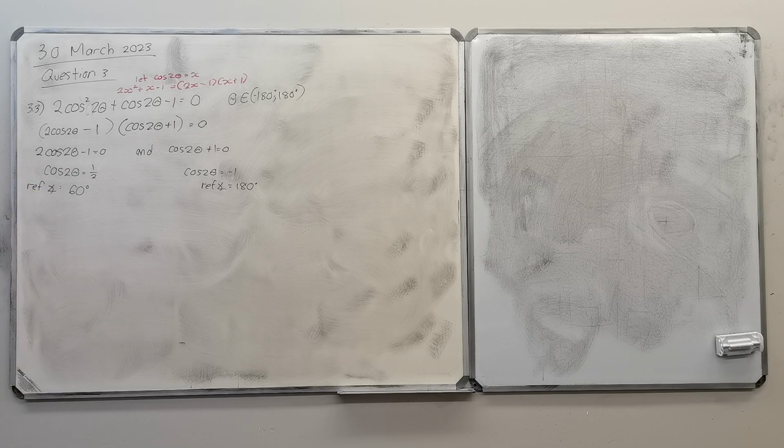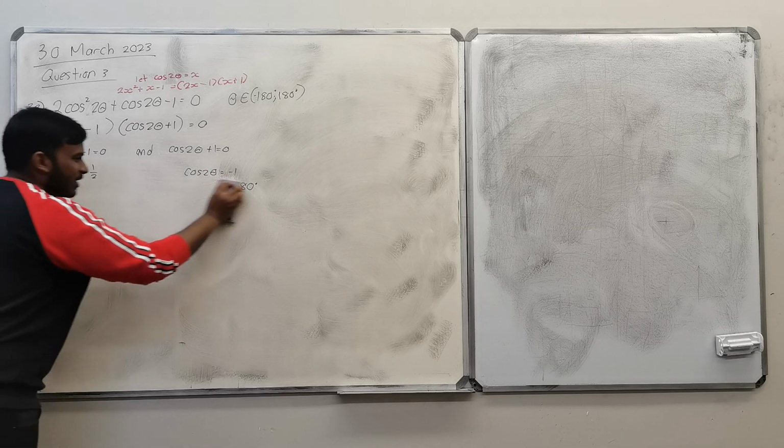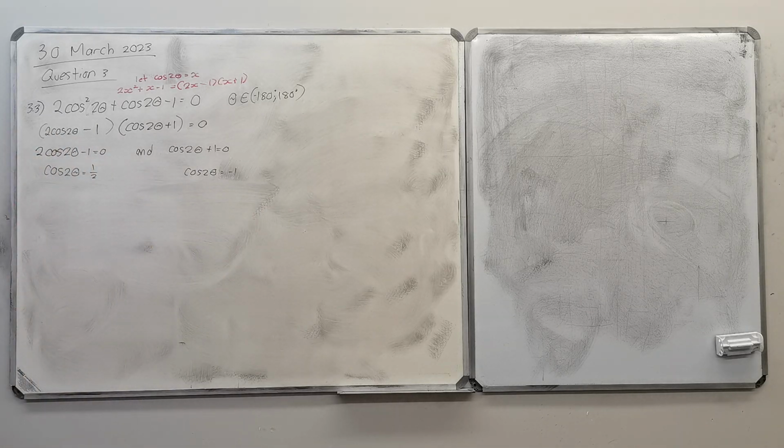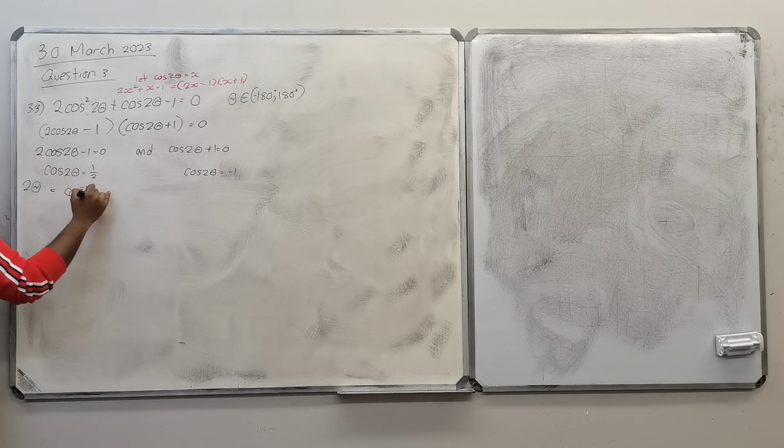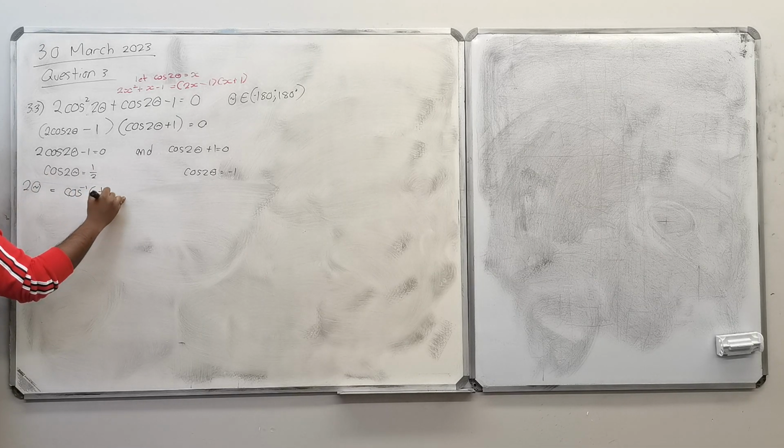I haven't done this method in a long time. Let me write it like this. So, general solution, once you come to this point: your value of theta is equal to cos to the minus 1, or 2 theta is equal to cos to the minus 1 of half.